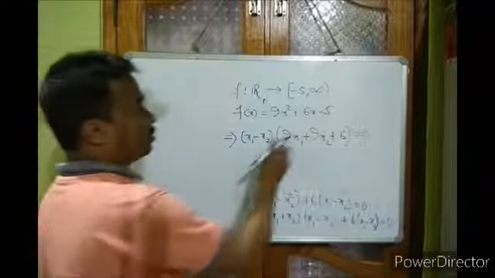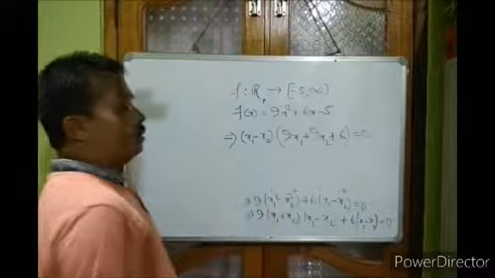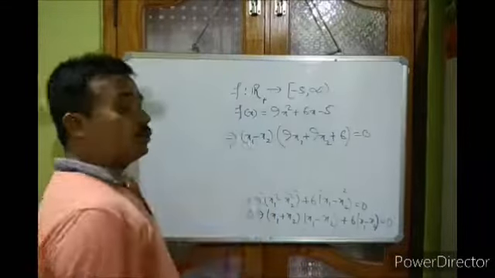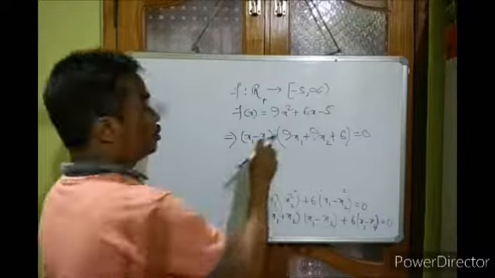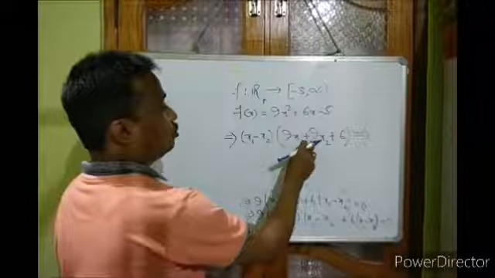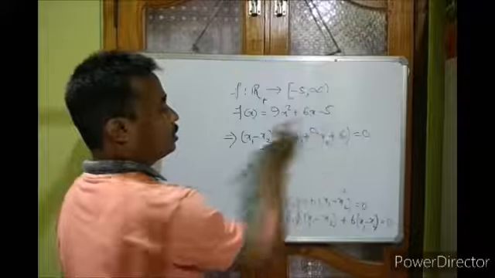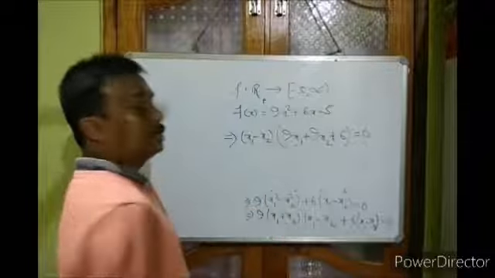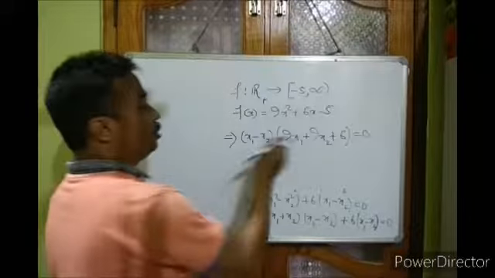Now as x1, x2 are positive real numbers, we have written already that x1, x2 are positive real numbers. So 9x1 plus 9x2 plus 6 is obviously not equal to 0, because the sum of three positive real numbers cannot be equal to 0.